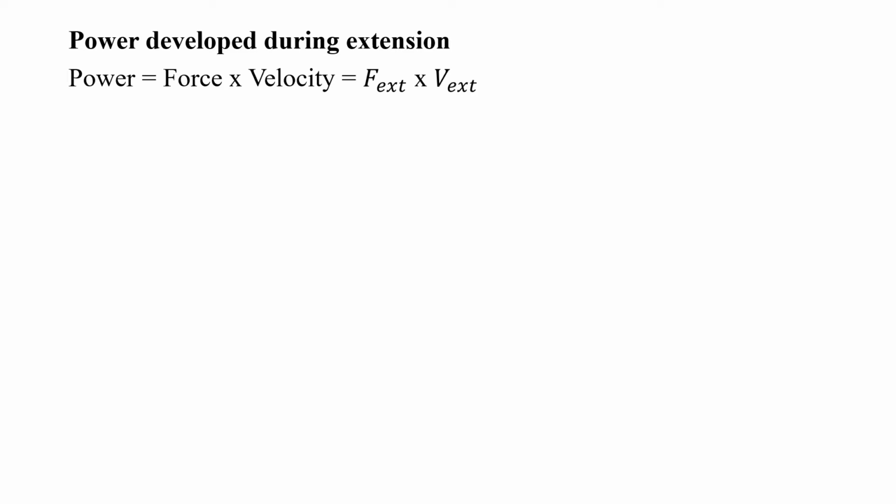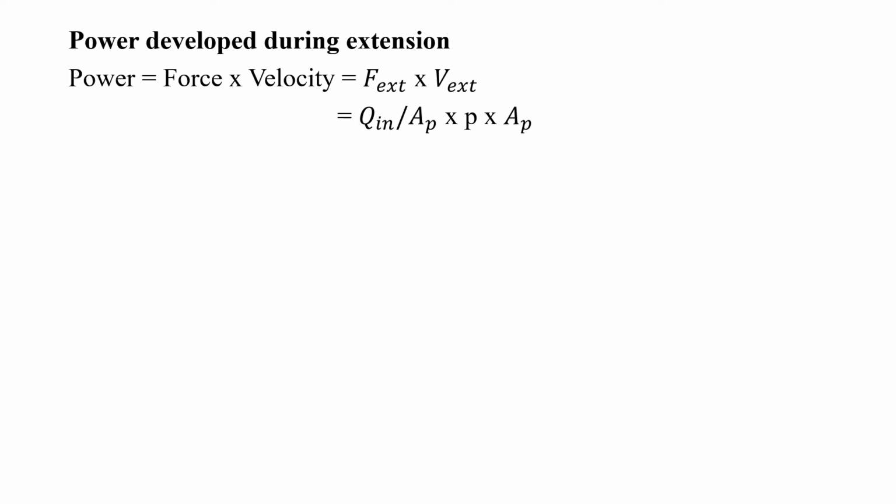The formulas you already know from the previous slide. F during extension is pressure into area of piston, and velocity during extension is discharge Q in divided by area of piston.